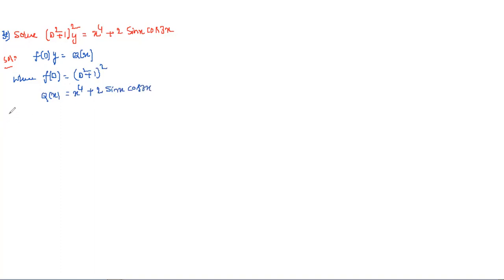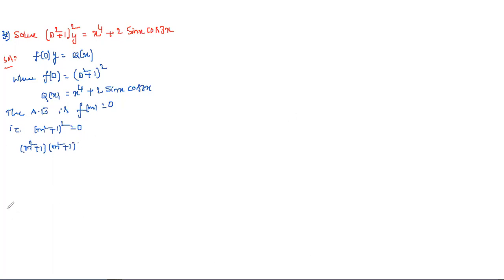First, we find the complementary function. For that, the auxiliary equation is f of m equal to 0. That is, (m square plus 1) whole square is equal to 0, which we can write as (m square plus 1) into (m square plus 1) equal to 0.